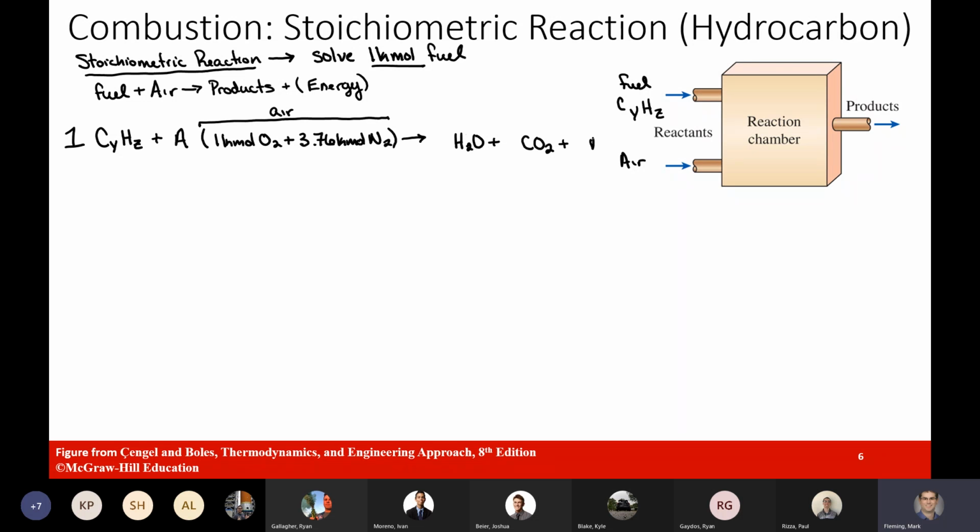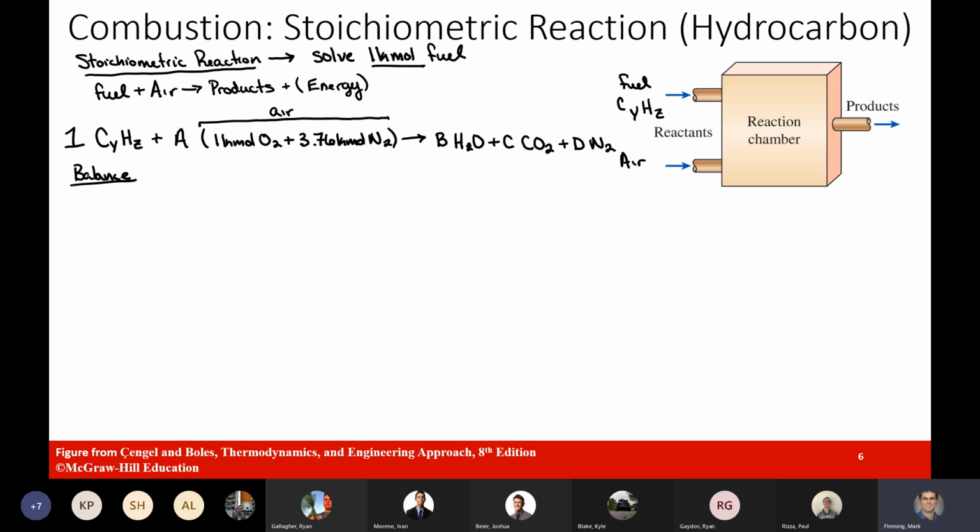And the last thing to note is that we will have some nitrogen. For the stoichiometric coefficients, we'll have a B, a C, and a D coefficient. Now we need to set up and do a balance for all of these elements, so let's go ahead and do this balance.